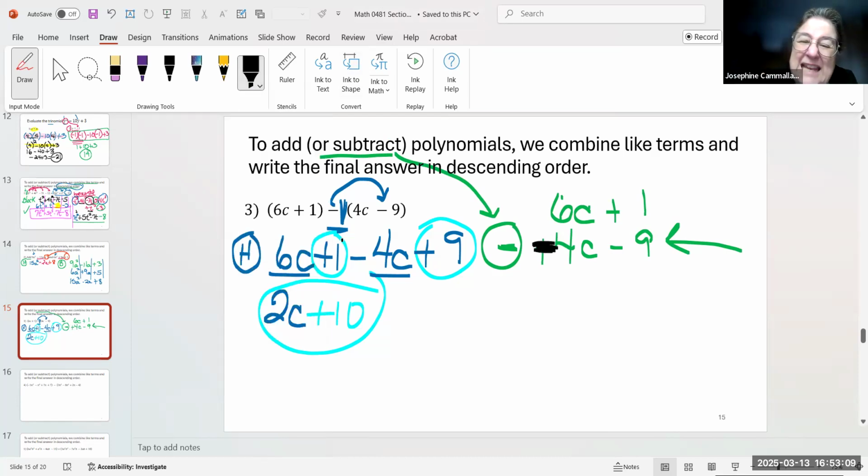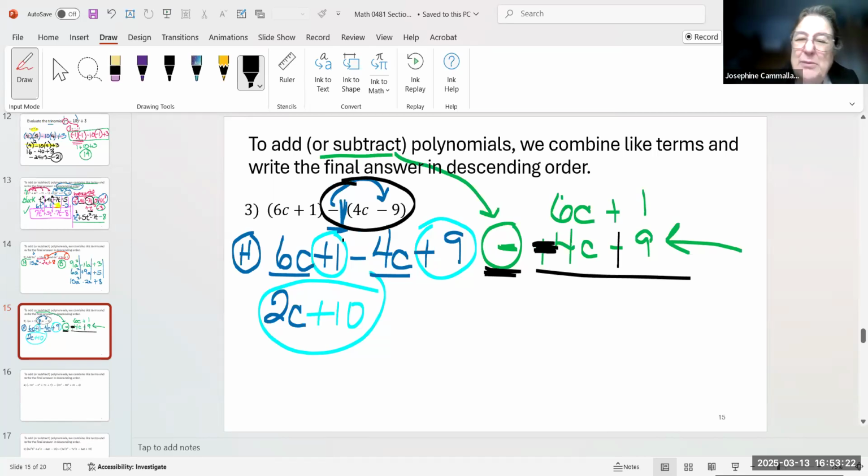This becomes a -4. This becomes a positive 9. This negative in front of a second line, you have to know to distribute. This is 2c plus 10.